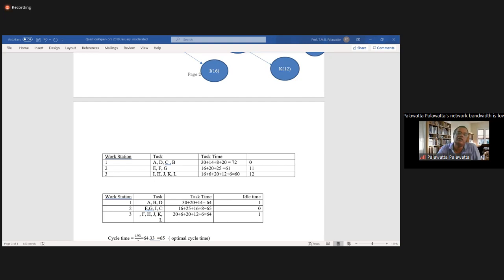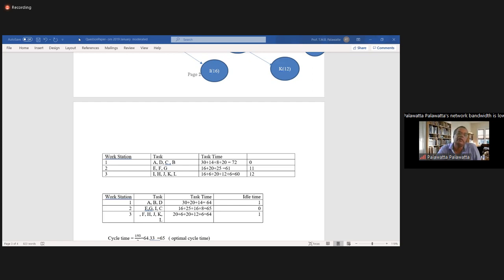So let's compute the efficiency. Efficiency is 193 divided by 12 times 30. Efficiency is going to be 53%, more precisely 53.61.